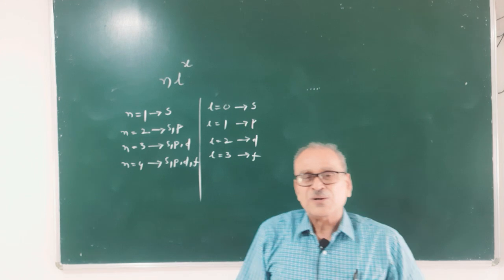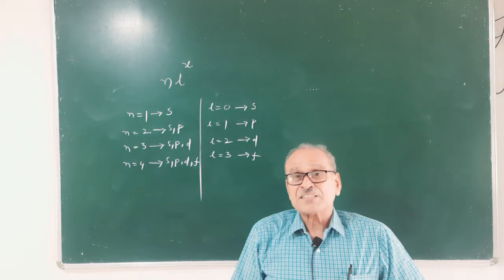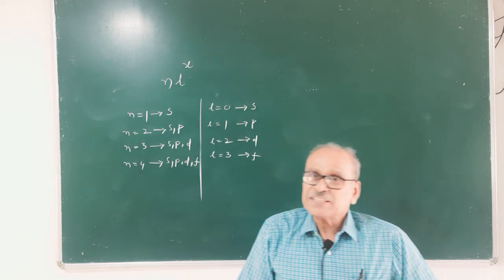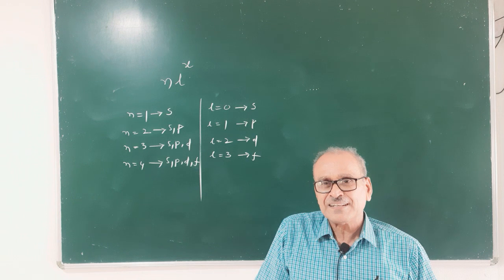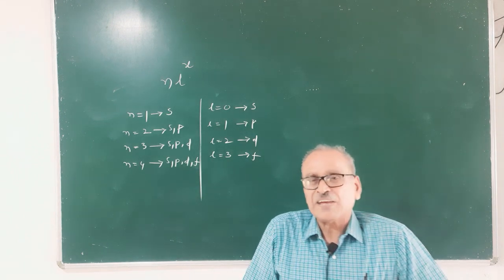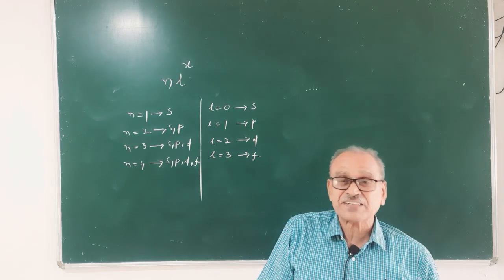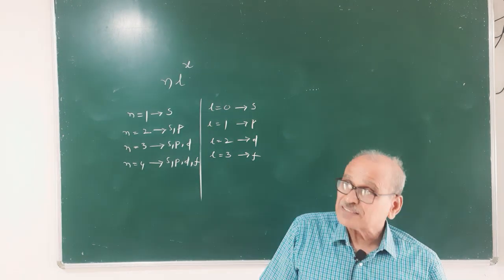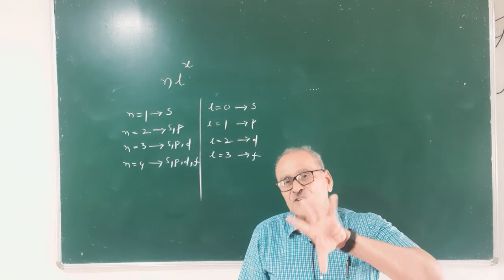Now in a multi-electron atom, the various subshells in major energy levels are affected by certain factors like effective nuclear charge, penetration effect, screening effect, etc. So the energy levels are a kind of jumbled.